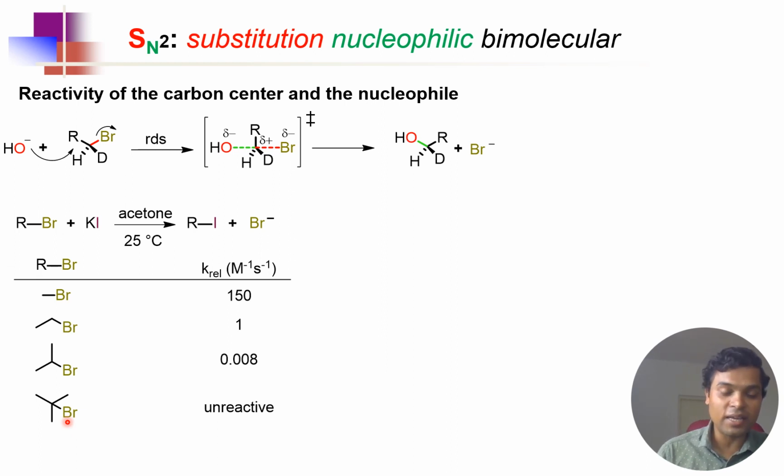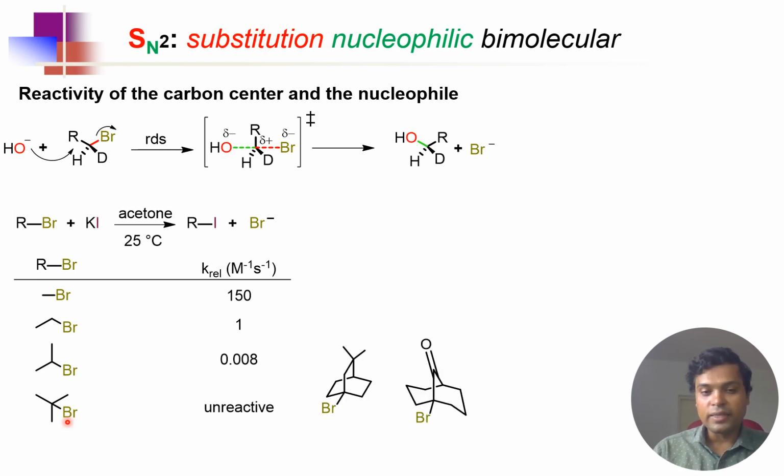So if you have a sterically hindered carbon center, you should not choose that substrate for an SN2 reaction. You should choose a substrate that does not have bulky groups. There are two examples of compounds that are completely unreactive for the SN2 mechanism.